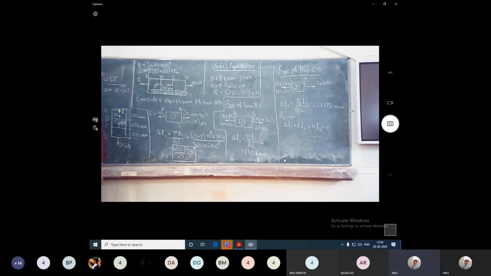So delta L1 plus delta L2 plus delta L3 is equal to 0.